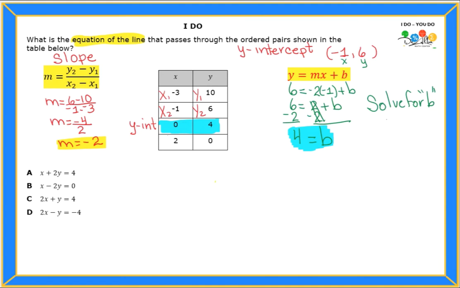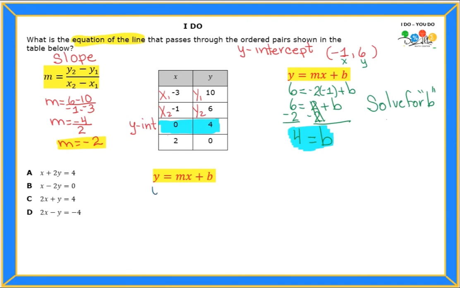So what's the next thing that I need to do? Well, I have my slope and my y-intercept. Now I need to write down the equation. To write the equation, we're going to use the same equation as earlier, the slope-intercept form. I'm going to replace only the m, which is the slope, and the b, which is the y-intercept.